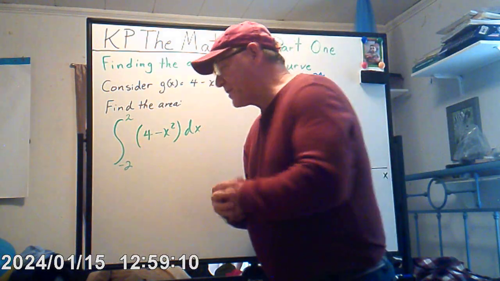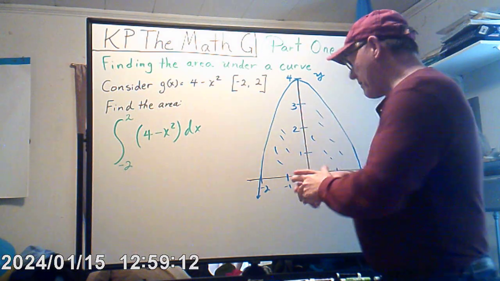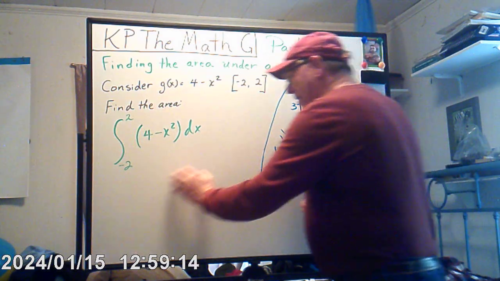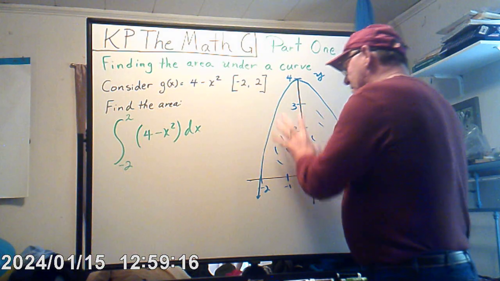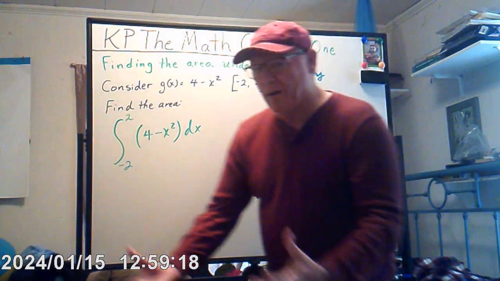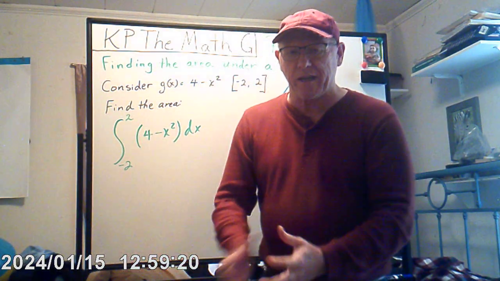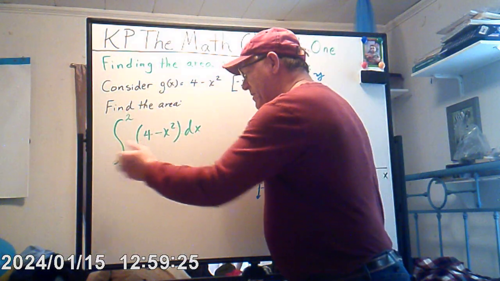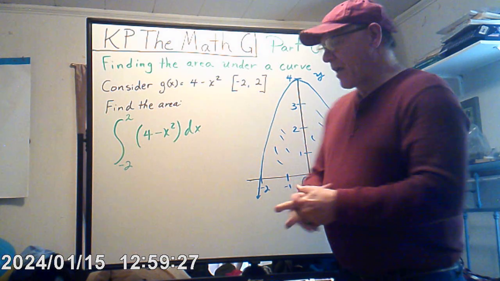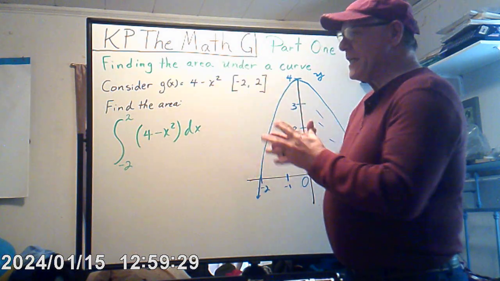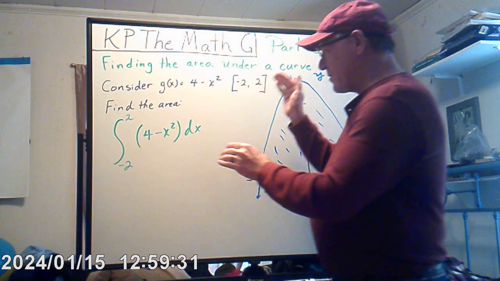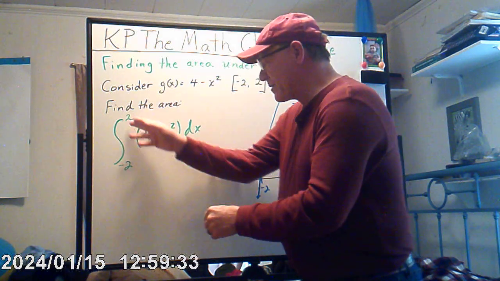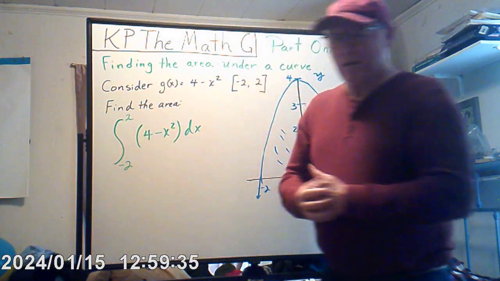After we take the antiderivative of this, the area represents how much water is in the tub or in the tank. When you take the antiderivative of a rate, you're going to get an amount.